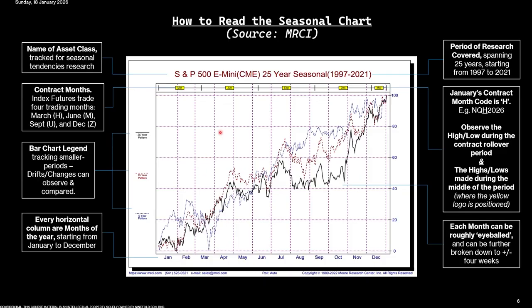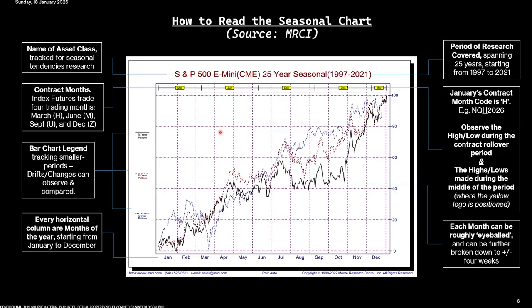Now, the seasonal charts that I've already handed to you in an email earlier today are the seasonal charts that have been collected and analyzed by the Moore Research Center, or MRCI. The Moore Research Center study on seasonality is the A grade cream of the crop, if you ask me.